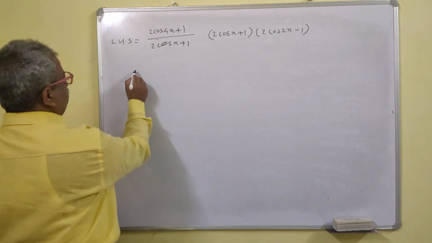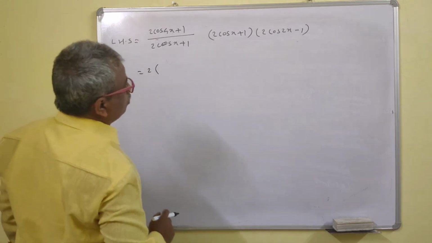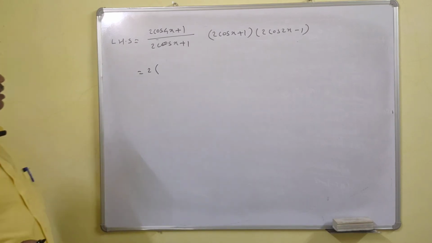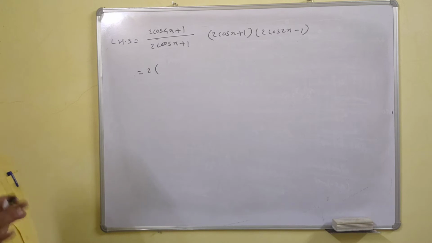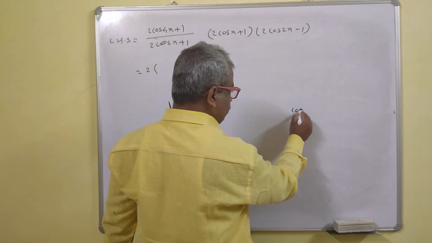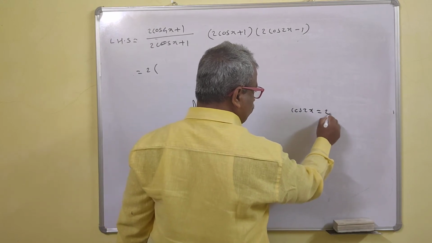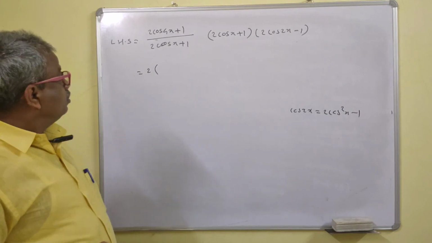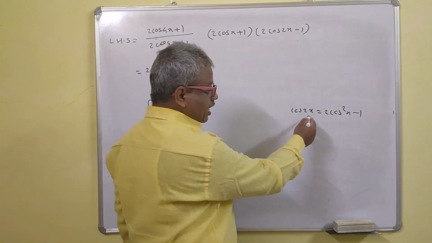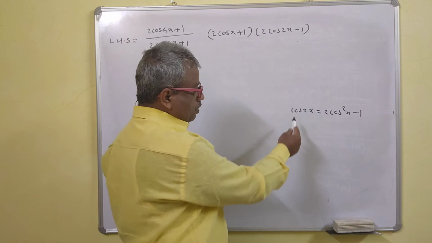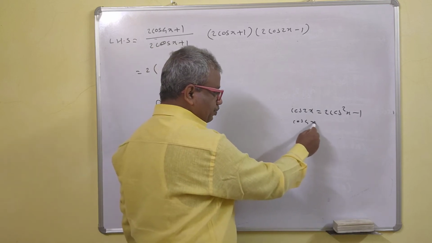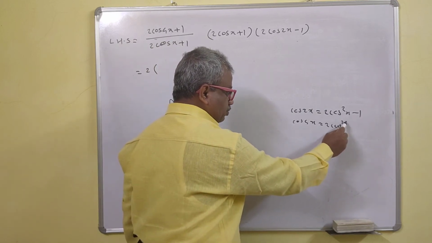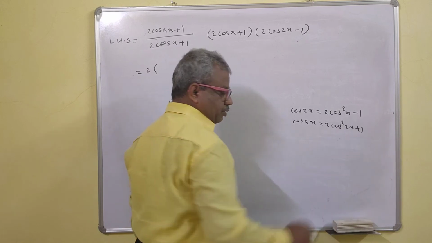Now we'll apply the formula, so 2 cos twice x is there. We'll apply cos 4x in terms of only cos now. What is the formula for cos twice x? Cos twice x is 2 cos square x minus 1. Right? Now replace x with twice x. So this will be your cos 4x, which is 2 cos square twice x minus 1.